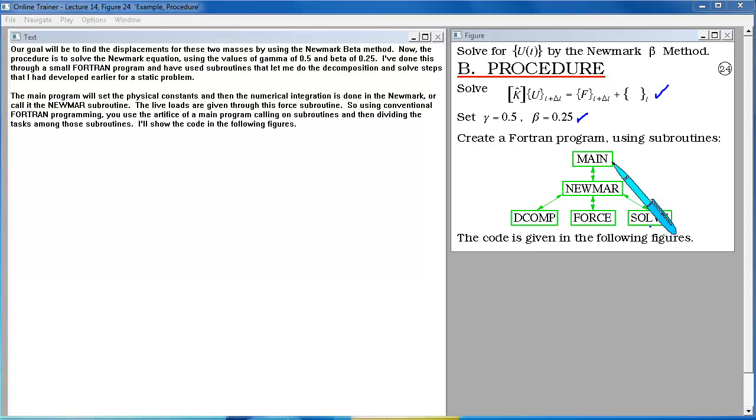The main program will set the physical constants, and then the numerical integration is done in the Newmark, or call it the Newmar subroutine. The live loads are given through this force subroutine. So using conventional Fortran programming, you use the artifice of a main program calling on subroutines and then dividing the tasks among those subroutines. I'll show the code in the following figures.